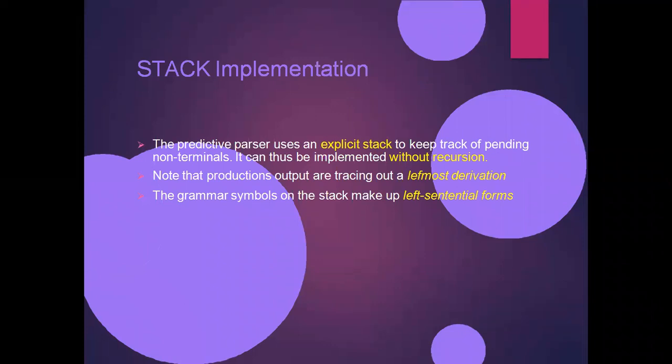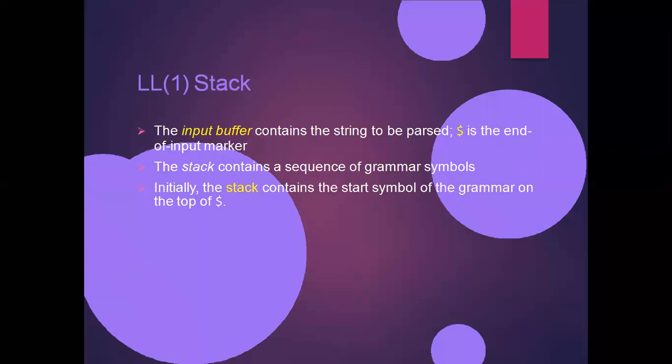So this predictive parser always uses an explicit stack. Why are we using an explicit stack? To keep track of pending non-terminals. Here we are using three data structures: one is an input buffer, another is a stack, and the third is a parsing table.